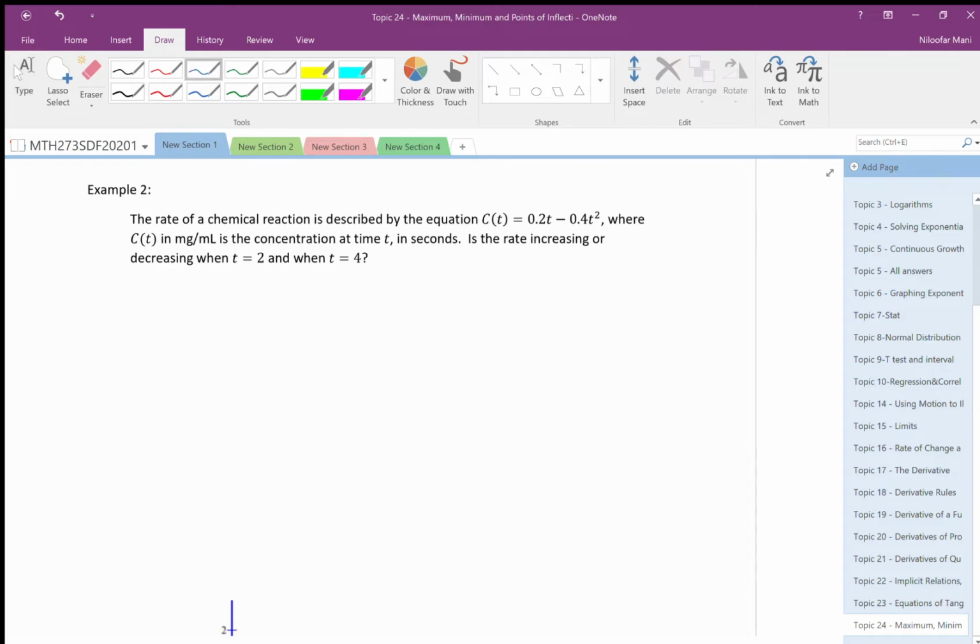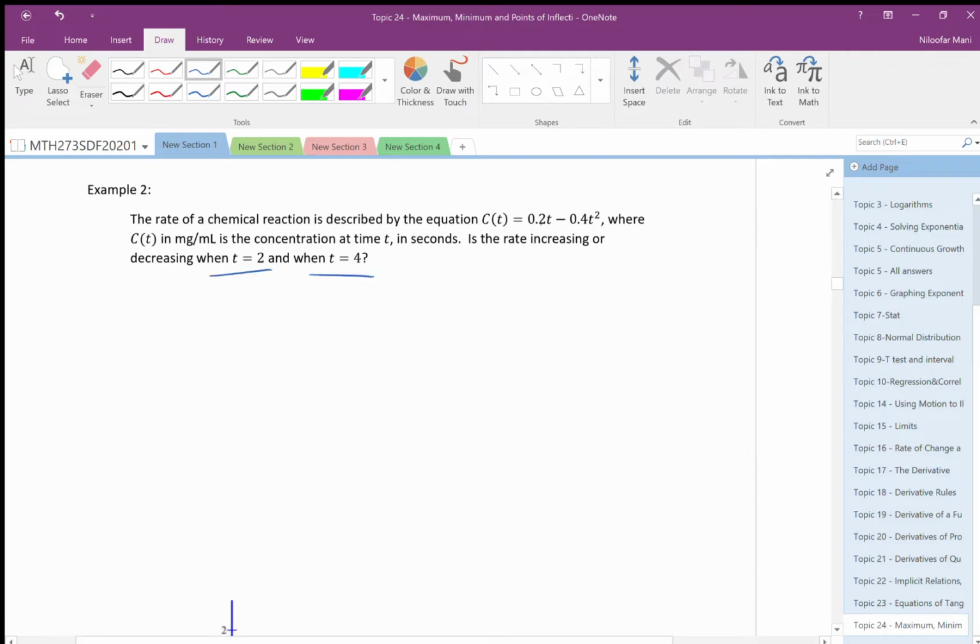Here I just care about the function in terms of math. C is concentration, milligram per milliliter, at t seconds. So we are just considering concentration at different times. Is the rate increasing or decreasing at these times?